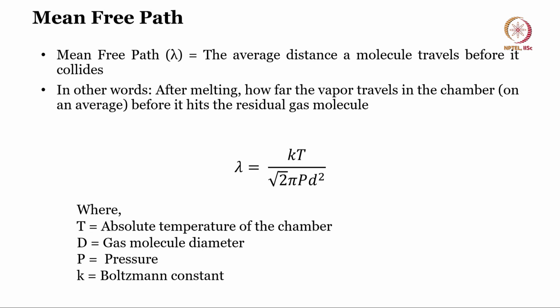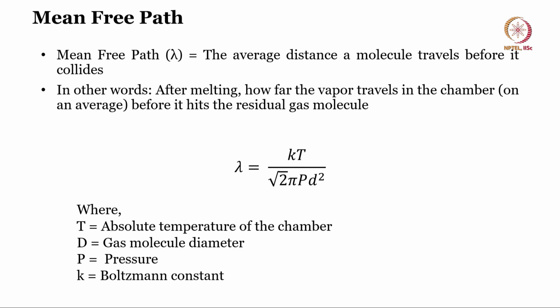Now, let us understand mean free path. I told you mean free path is given by lambda, and it is the average distance a molecule travels before it collides. When we melt the material, it will travel towards the substrate and collide with other molecules in the atmosphere, in the air. So we require vacuum.